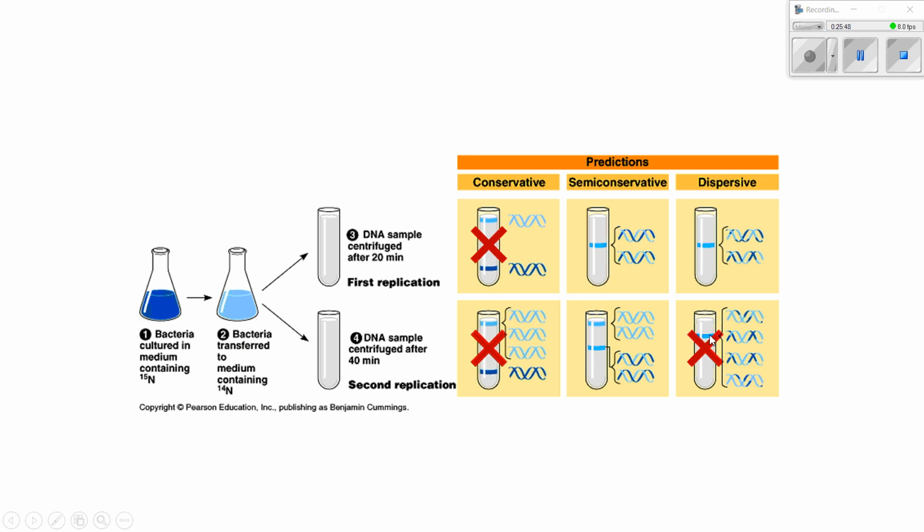It would have looked exactly like this. See where my cursor is there. And that's not what they got. They got an intermediate band and a light band, which means the semi-conservative model is the right model. Watson and Crick, as I said before, were correct all along. The dispersive model is incorrect. The conservative model is incorrect also.